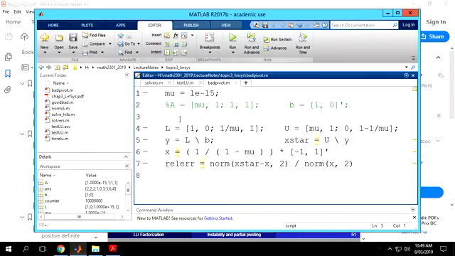So the matrix A will have entries 1, 1, mu 1, and B equal 0, 1, like this, yeah? And matrix L will change as well.